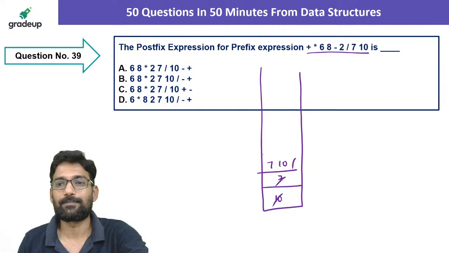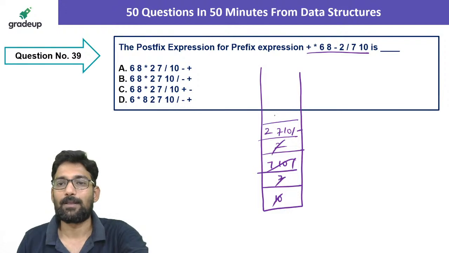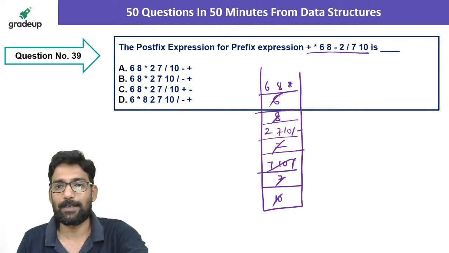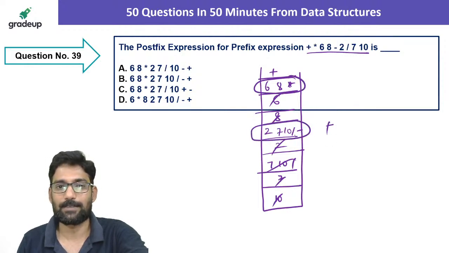Then 2, then minus. So you will write it as 2, 7, 10 division minus. Then we have 8, then 6, then multiplication: 6, 8 multiplication, then plus. So all this, then all this, plus at last.